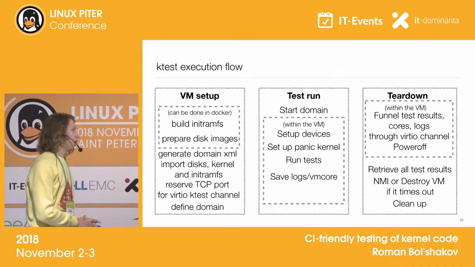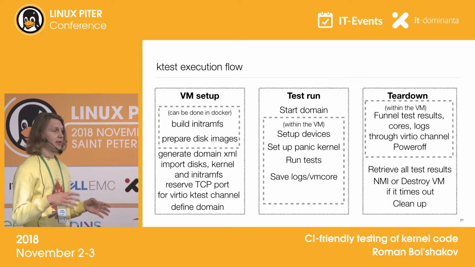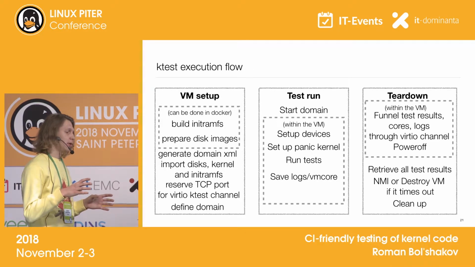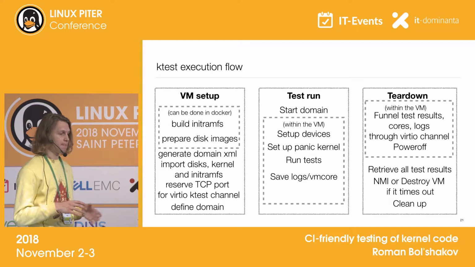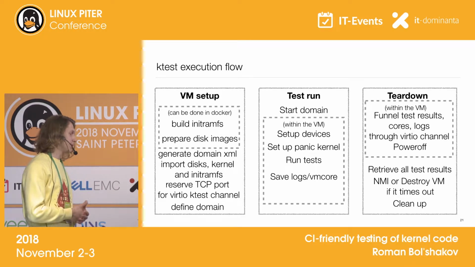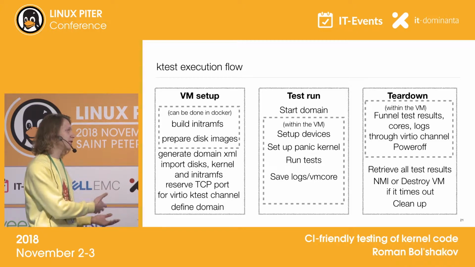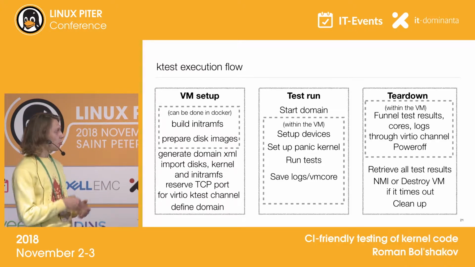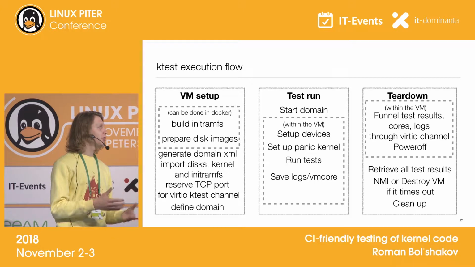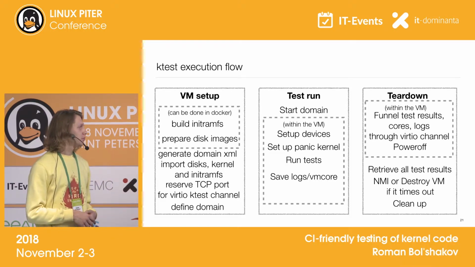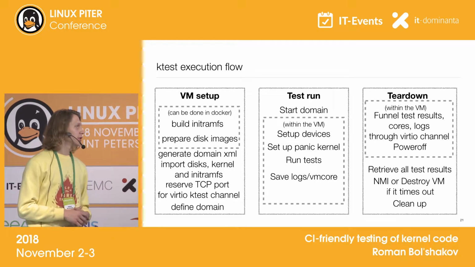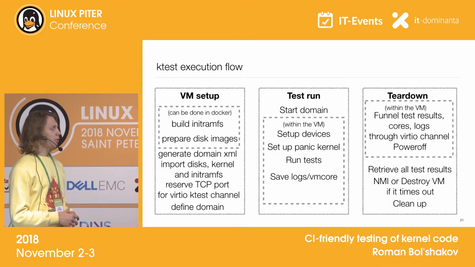If everything's okay, we take away the results, or some logs which the test suite would like to store, or which are interesting for Jenkins or the integration system. We retain it when we have stored everything, and we destroy the virtual machine.